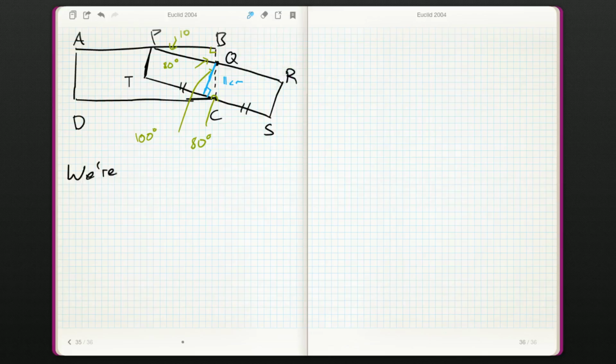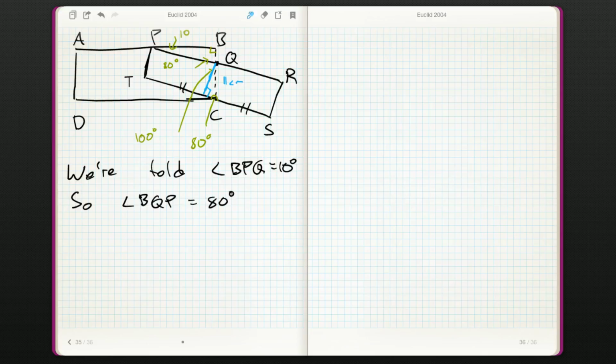We're told angle BPQ is equal to 10. So angle BQP is equal to 80 degrees. PRST is a rectangle.